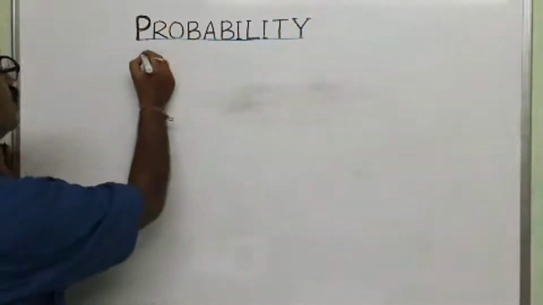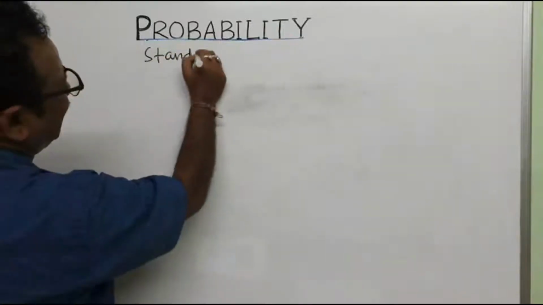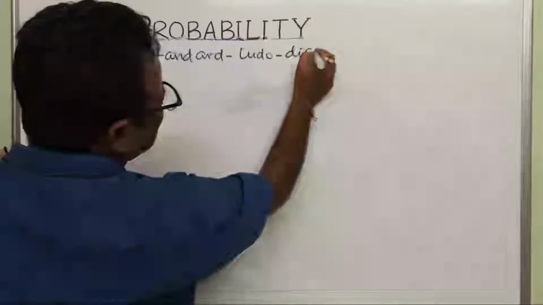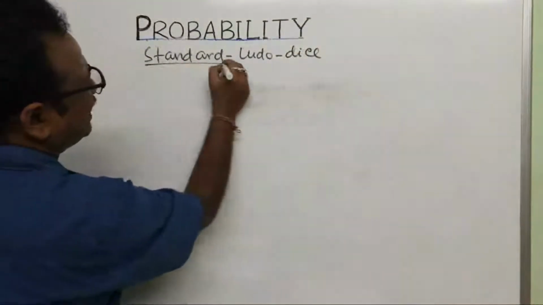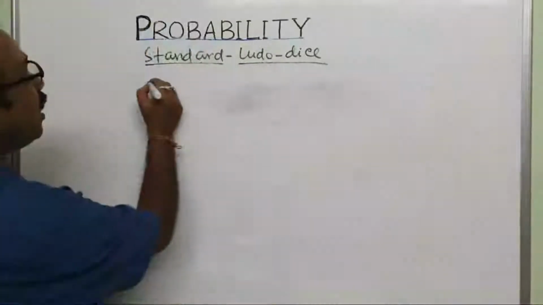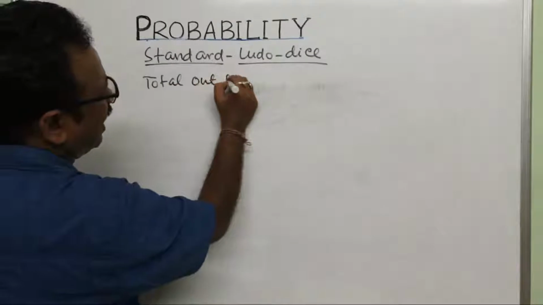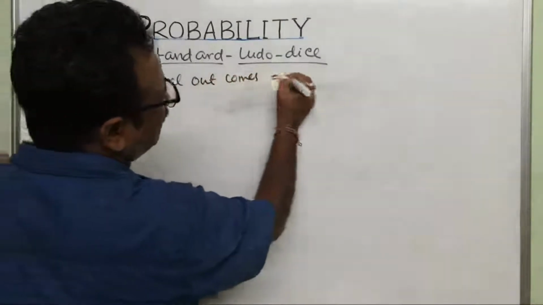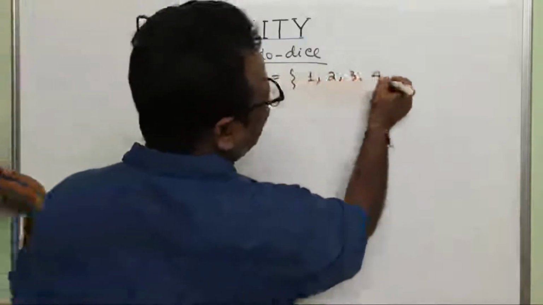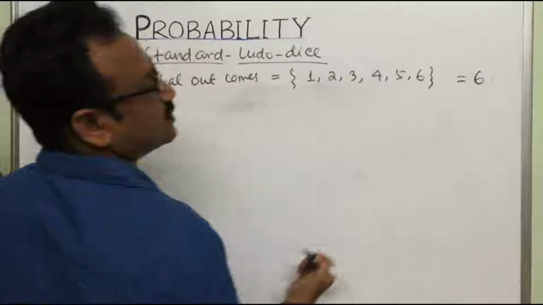So now, the standard Ludo dice. I have taken a standard Ludo dice, or you can write only Ludo dice. So total outcomes: 1, 2, 3, 4, 5, 6, equal to 6 total outcomes.